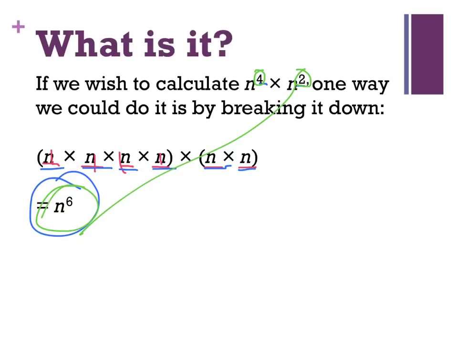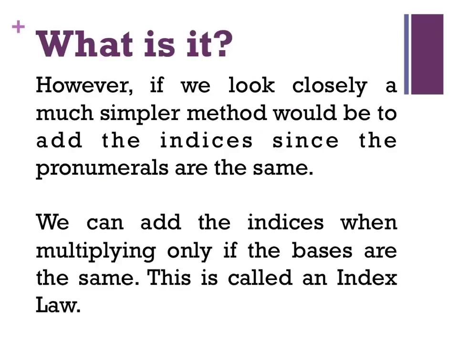So instead of having to waste my time by breaking it down, couldn't I just simply add the indices? If we look more closely, a much simpler method is just adding the indices, since the pronumerals are the same. I had two n's, one to the power of 4, one to the power of 2. I don't need to waste my time by writing it out and counting it. I can just add 4 and 2 together.